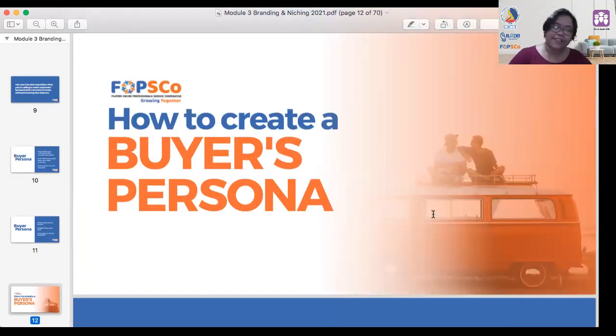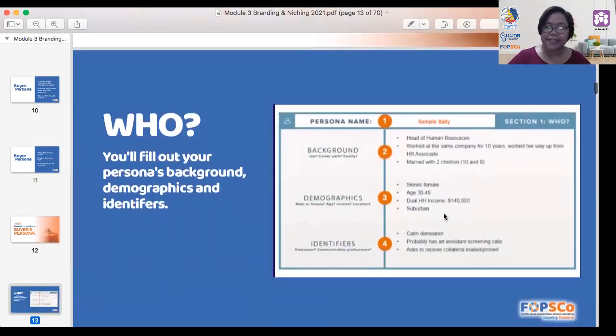So now let's learn how to create a buyer persona. First, I think this format is from HubSpot. First, you have to define who. Who is she? You fill out your persona's background, demographics, and identifiers.